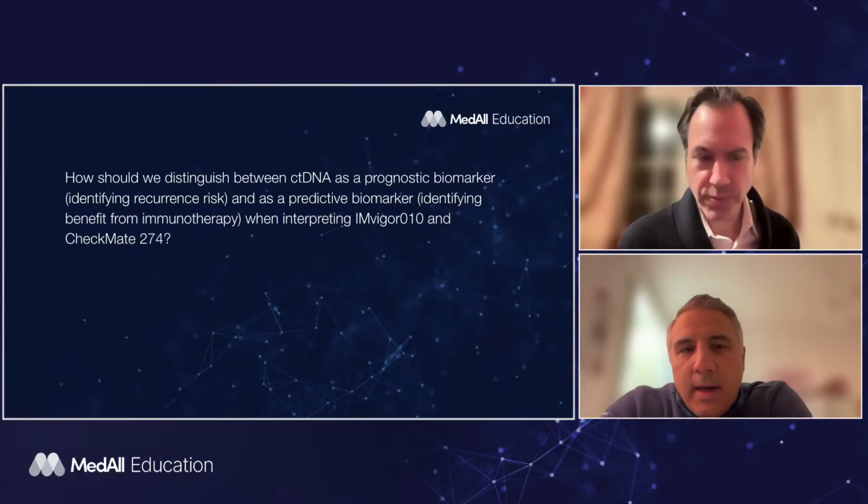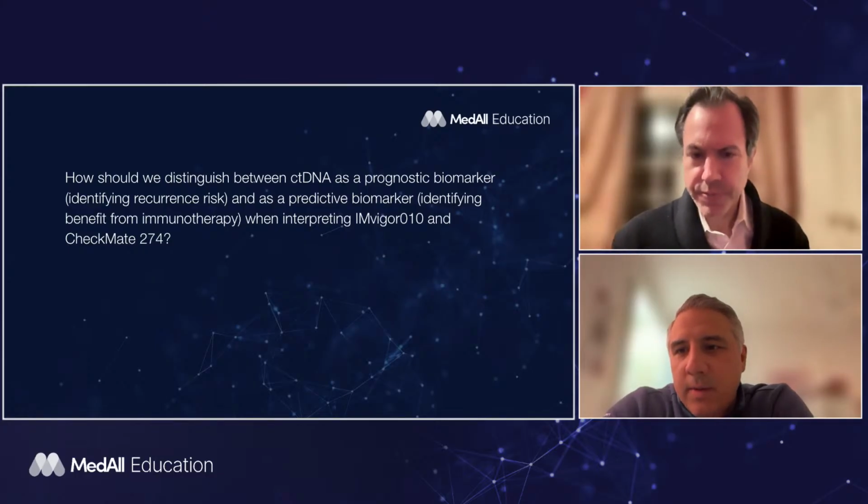Thanks, Matt. So this is a really challenging question because we always are trying to differentiate between a prognostic and a predictive biomarker. And while I do think that, not only from IMvigor 010, but also from IMvigor 011 and the data from Checkmate 274 and so forth, we know that ctDNA is a prognostic marker. So we do know that the patients who are undetectable usually do better than the patients who are detectable.